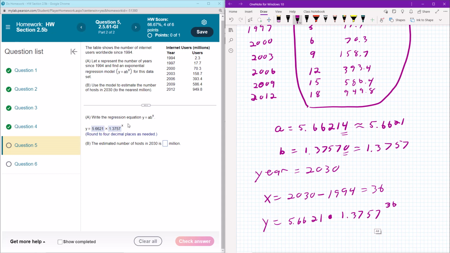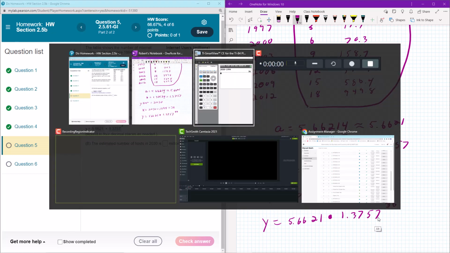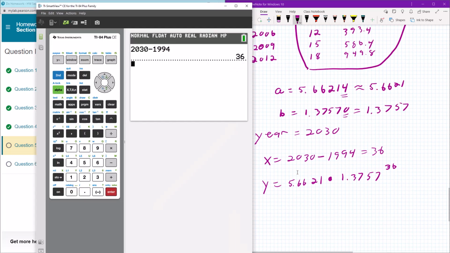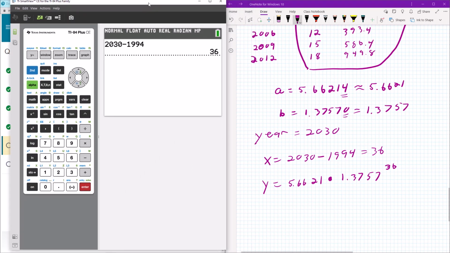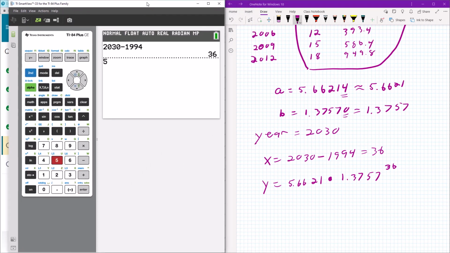How do we do that in your calculator? Once we get the calculator up, I'll show you. Just type in 5.6621 times 1.3757, exponent 36. That should be your answer.